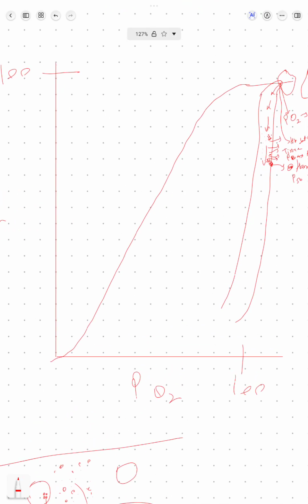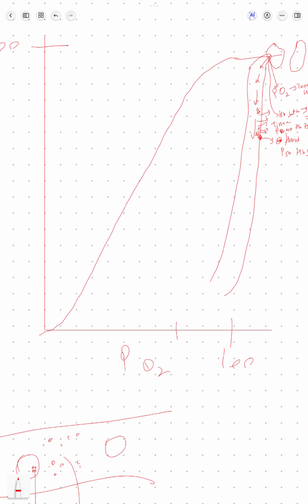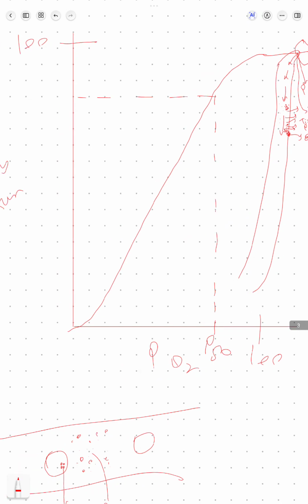Let's talk about P50. Partial pressure 50 is the ideal case which is generally taken to study what happens. There is around 85% saturation at the P50 value.